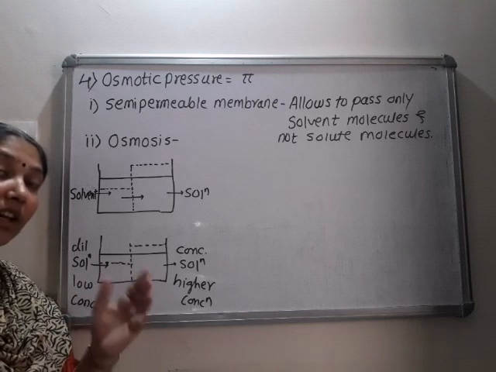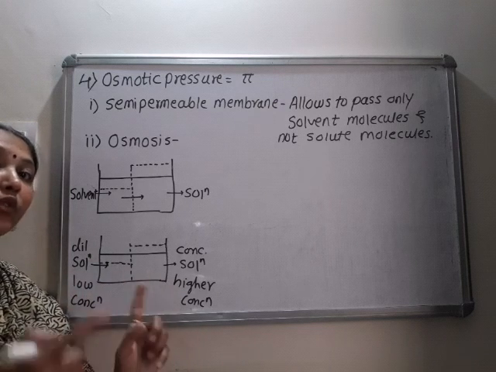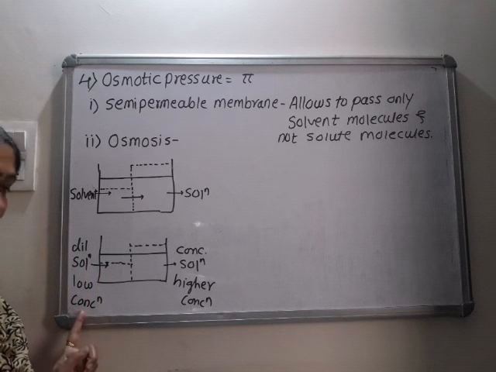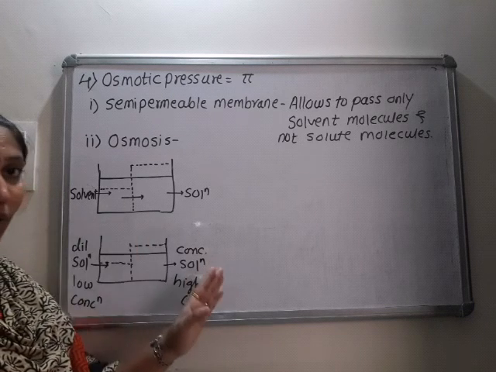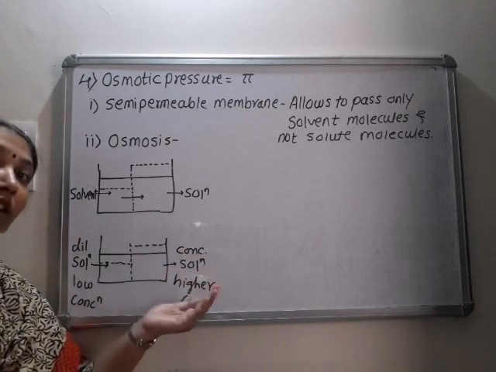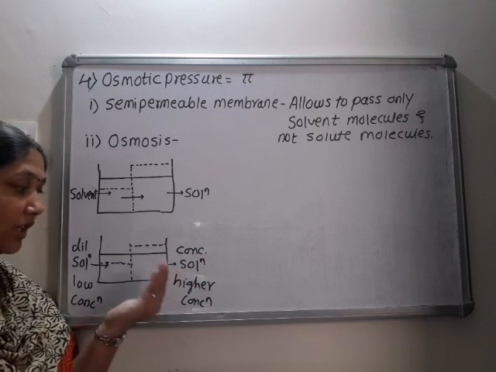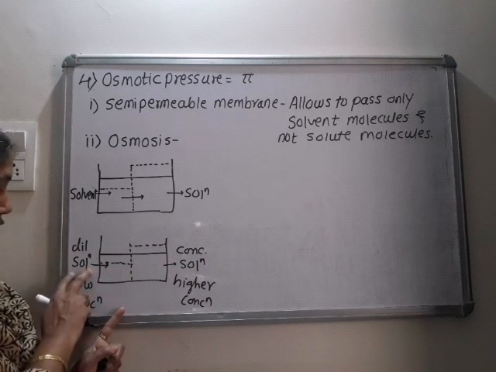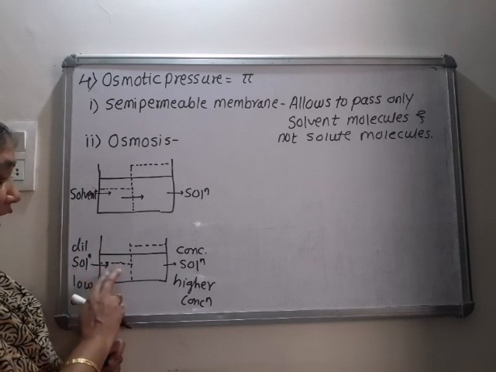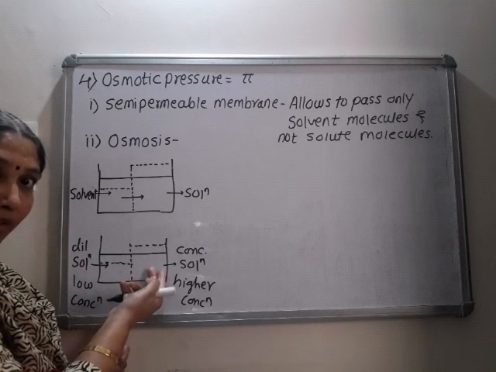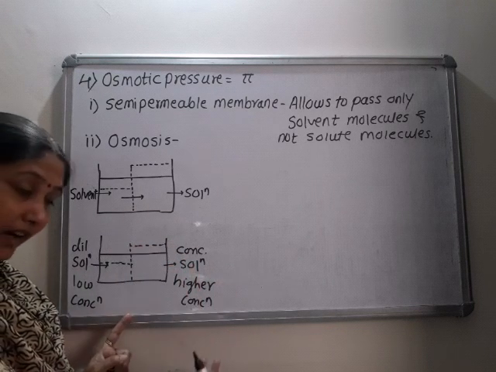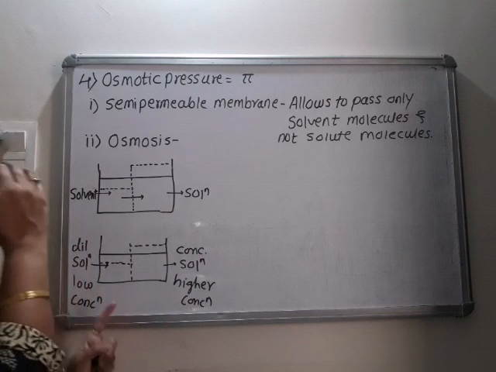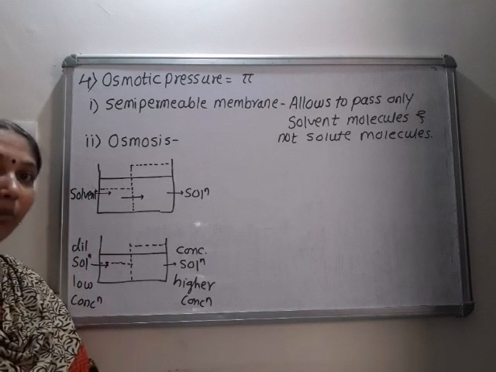But if we see, the rate of movement of solvent from the lower concentrated solution is more than that from the more concentrated one. Solvent from the dilute solution enters into the concentrated compartment at a higher rate than the solvent from the concentrated compartment into the dilute solution compartment.